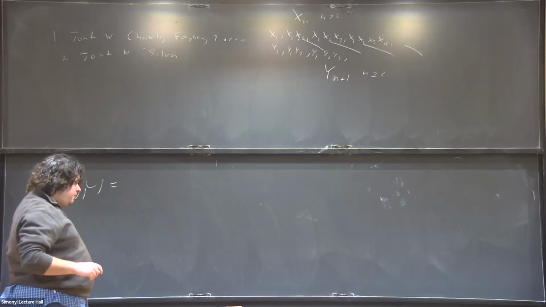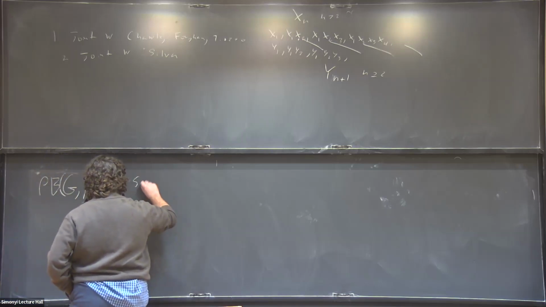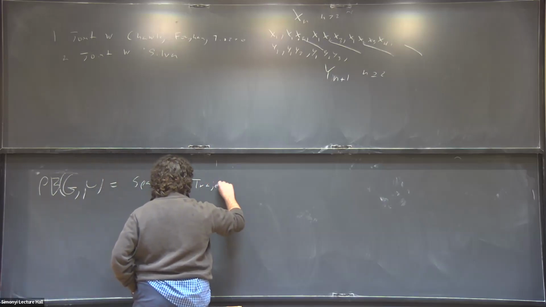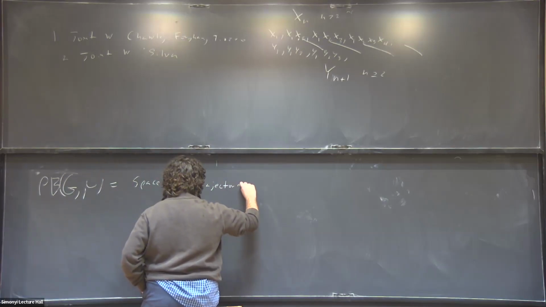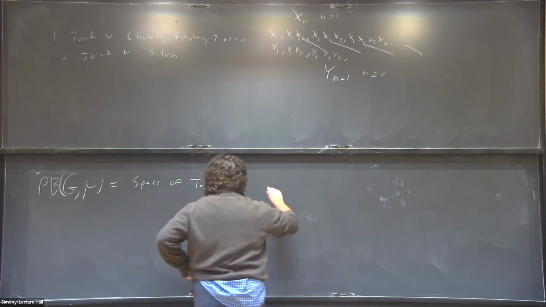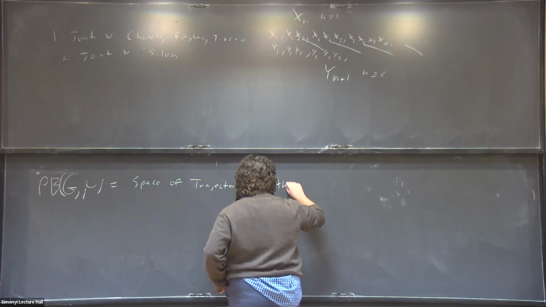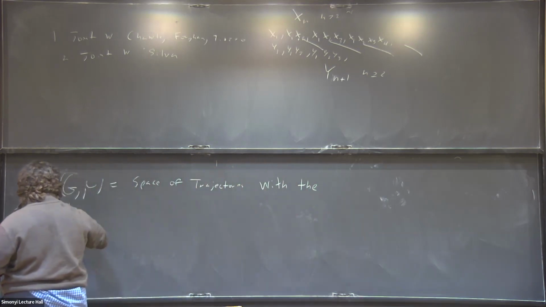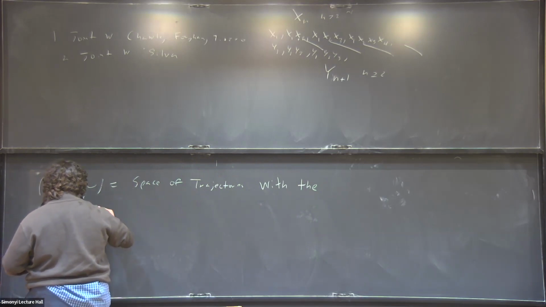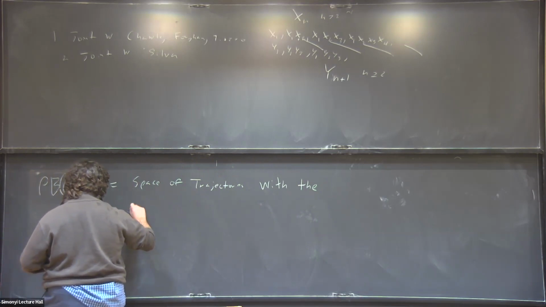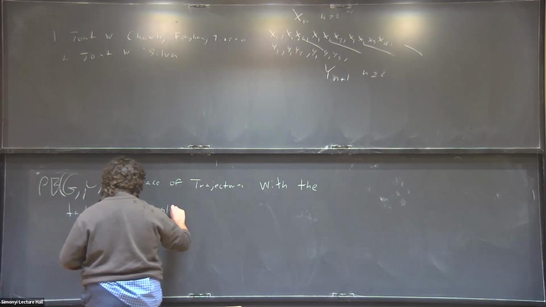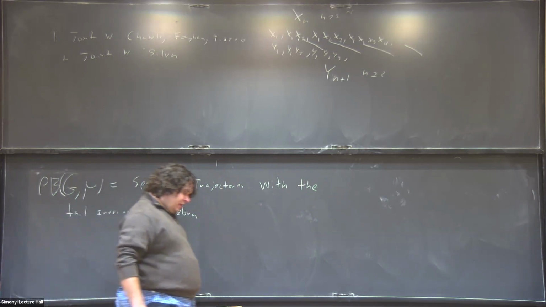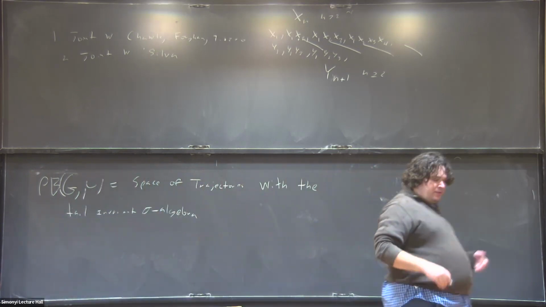This is just going to be equal to the space of trajectories with the tail invariant sigma algebra.